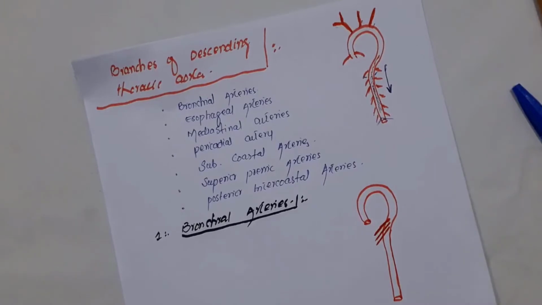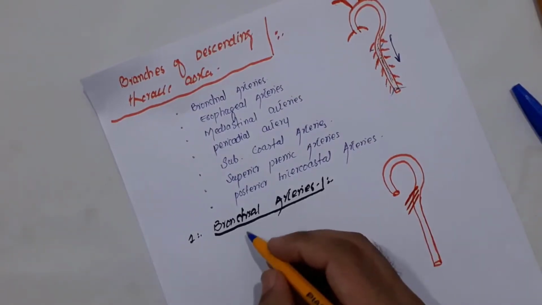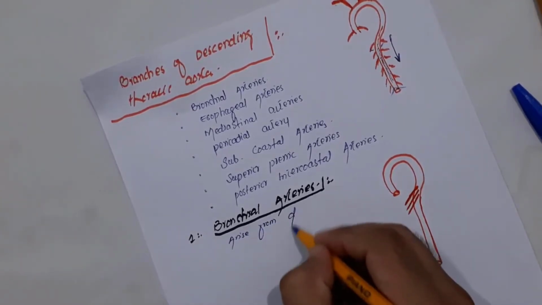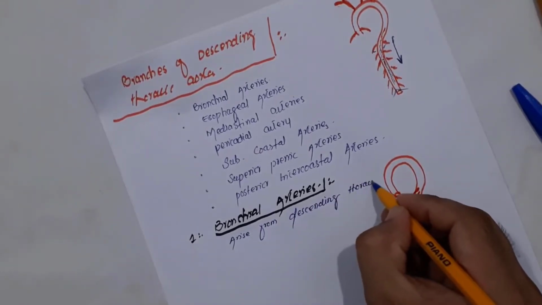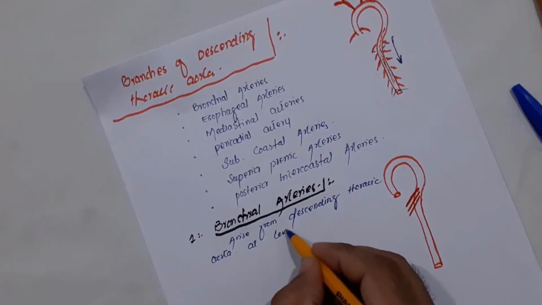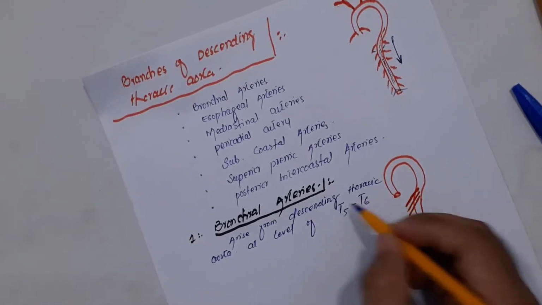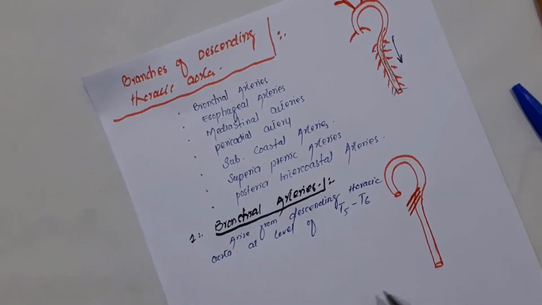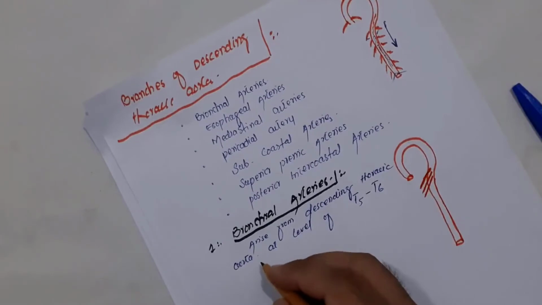They arise from the descending thoracic aorta at the level of T5 to T6, thoracic vertebra number 5 and number 6, and between them these arteries arise. What is the diameter of these arteries?